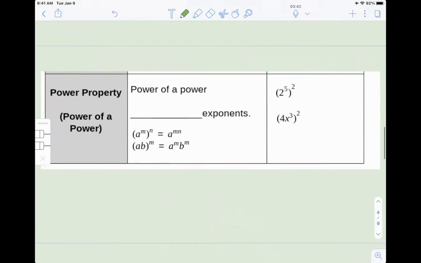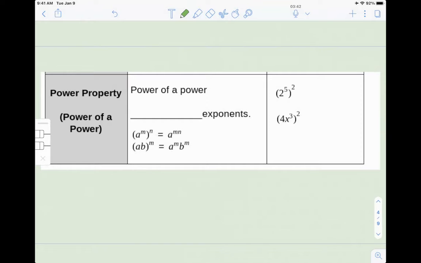All right, the second property that we looked at is called the power property. And to take the power of a power, you multiply the exponents. And here's the algebraic representation. So 2 to the 5th power squared means 2 to the 5 times 2, or 2 to the 10th power.